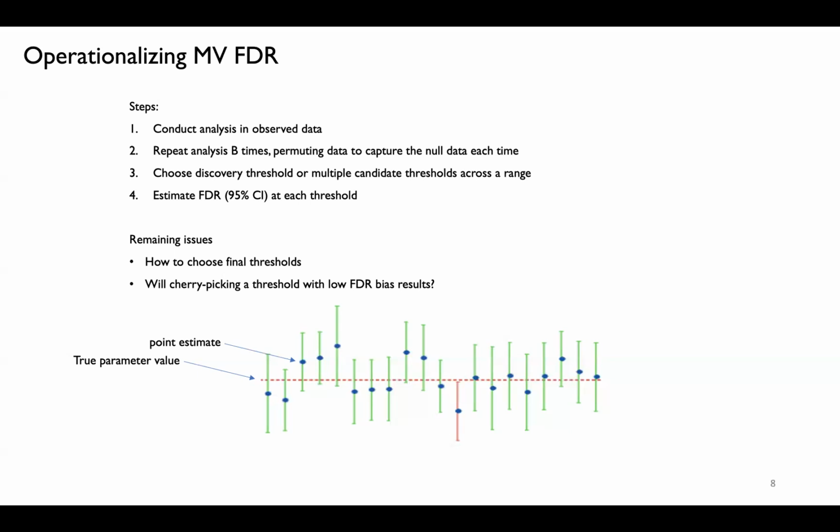So you can think back to that first slide I showed with that FDR plot and the discovery thresholds along the x-axis. And then we're free to choose, from those candidate discovery thresholds, a final threshold or thresholds that we want to move forward with, depending on the characteristics of our study and the costs and benefits of future follow-up.